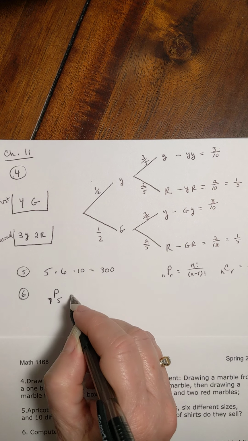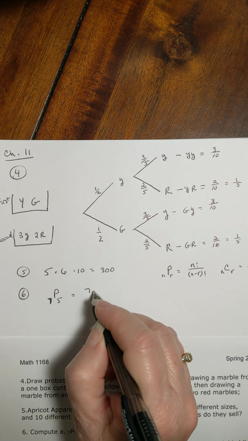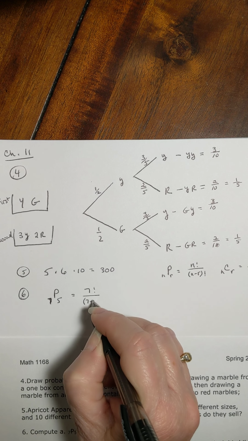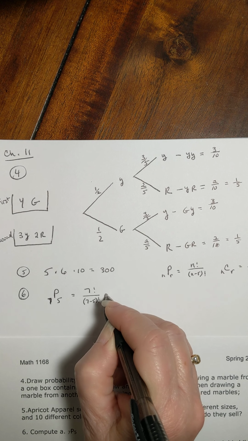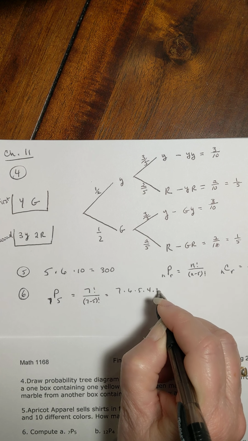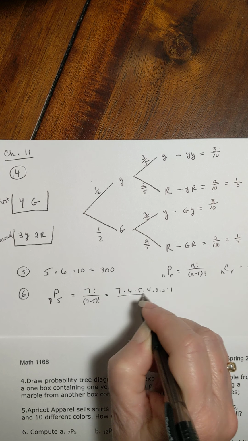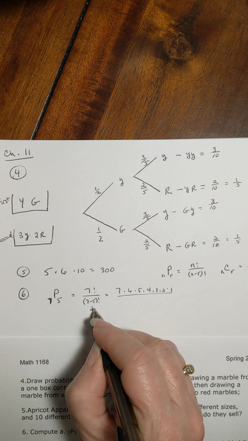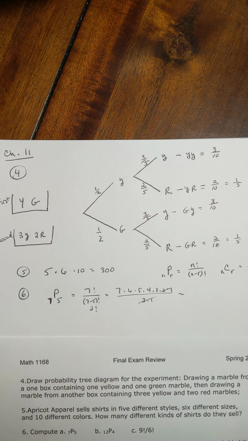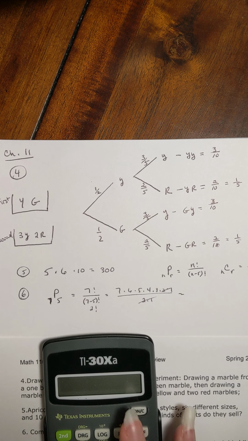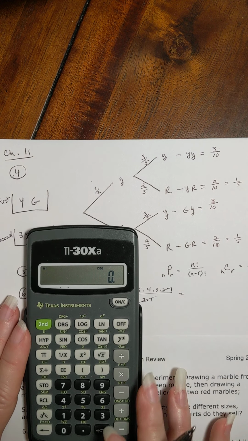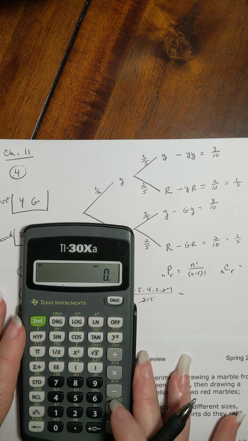So on this one, this would be 7 factorial over 7 minus 5 factorial. So this would be 7 times 6 times 5 times 4 times 3 times 2 times 1 over, and this would be 2 factorial, so 2 times 1. So these would cancel. And you can do the calculations on your calculator and not have to do all that multiplication.